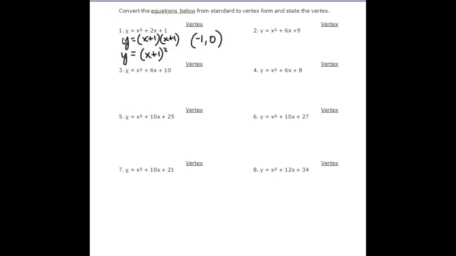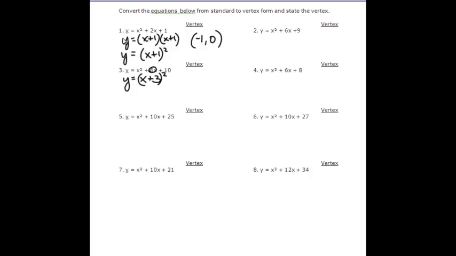Let's take a look at one where it might not work that nicely. So let's go down and do number 3. Now in this case, it's not going to work out that way. I can't really factor that, and that's actually a good thing. What I'd like it to be, if I worked it out the same way as the one above, is x plus 3 quantity squared, right? Because that's going to give me this middle term of 6x that I really want.